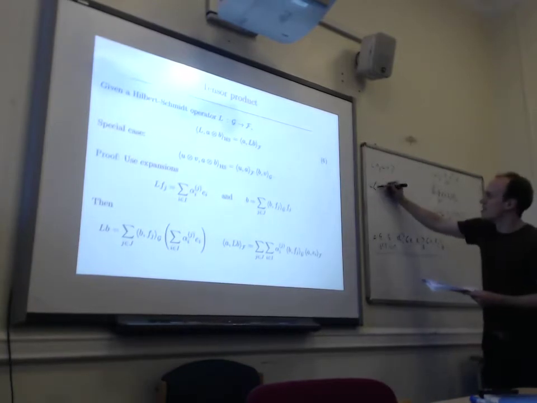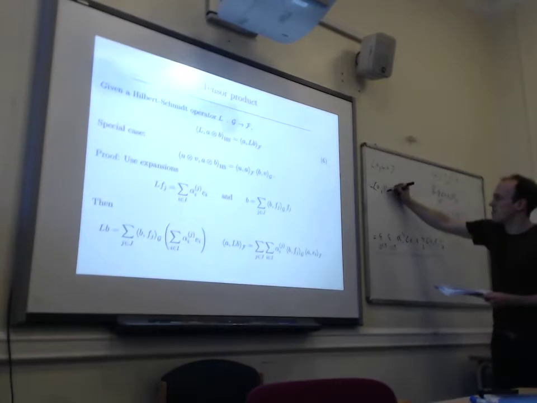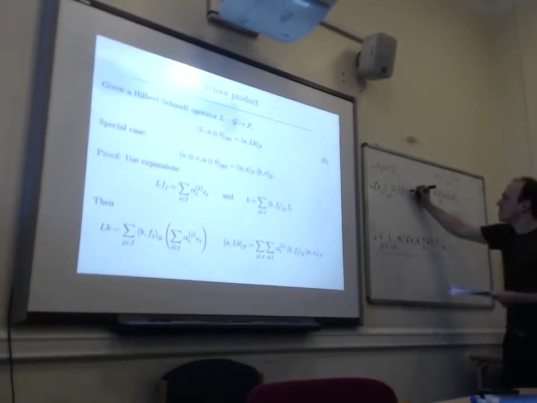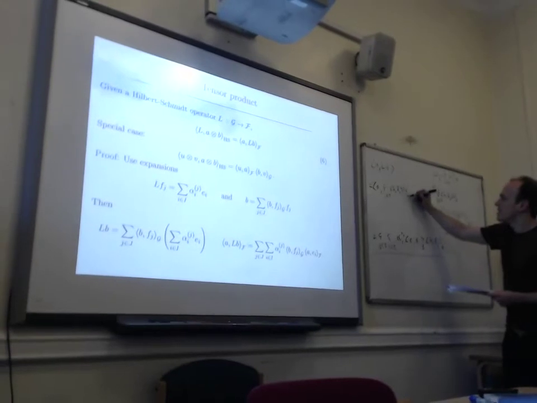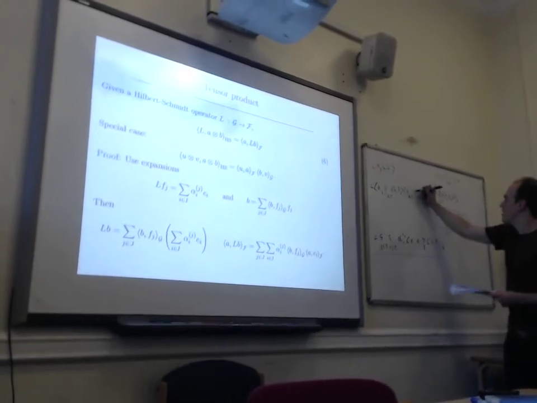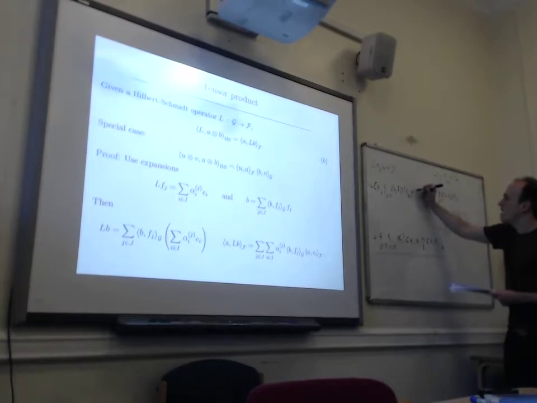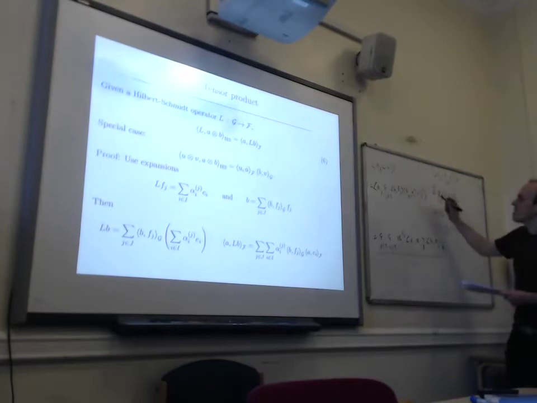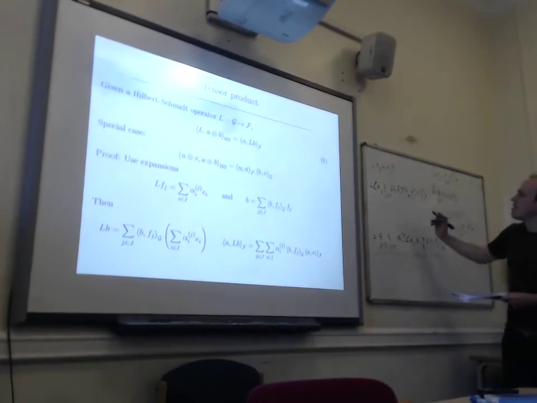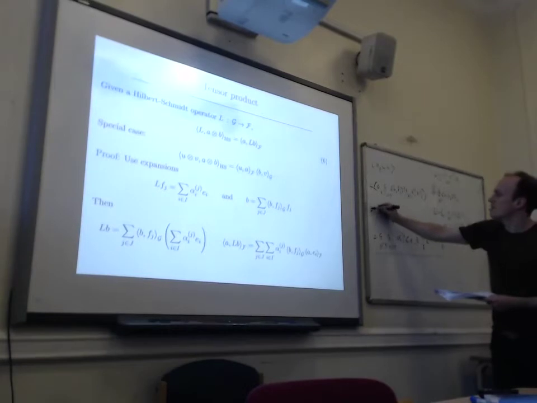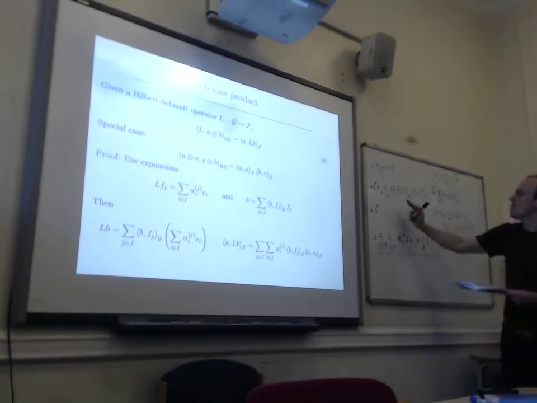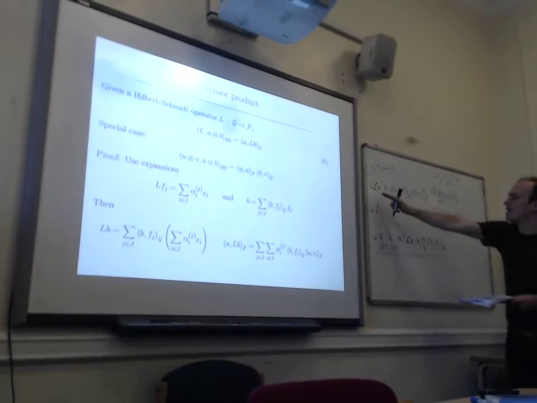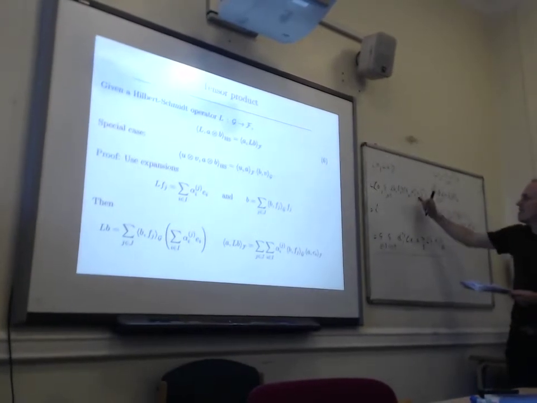This is the inner product of A and L acting on B, which is the sum over J in J of the inner product of B and Fj, and then the sum over I in I of alpha_JI, inner product of A with E_I. So this is a scalar. The only thing that's an element in a function space here are these E_I's.